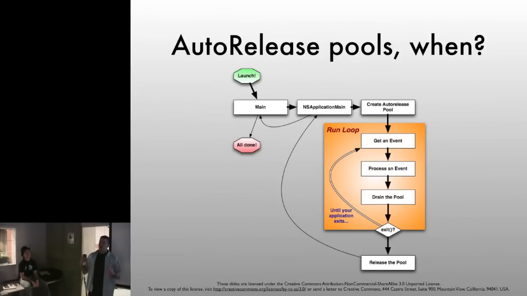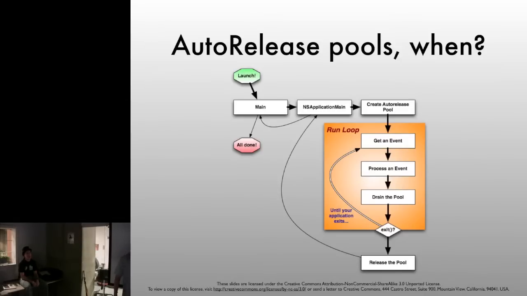So we touched a little bit on this last time, and I spoke individually with people about some of the more specifics. So here's the graphical overview of autorelease pools, when and where they get released. So hopefully it clears up some of the fog, demystifies some of the voodoo. So here is your main.